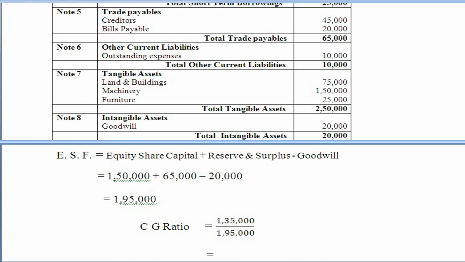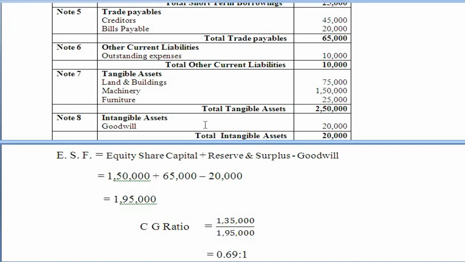It is 0.69 is to 1. I hope you understood the calculation of capital gearing ratio.